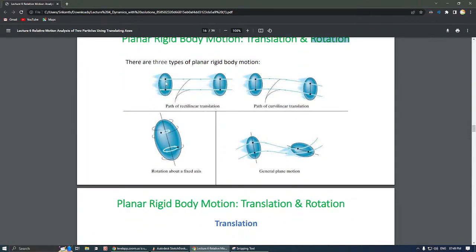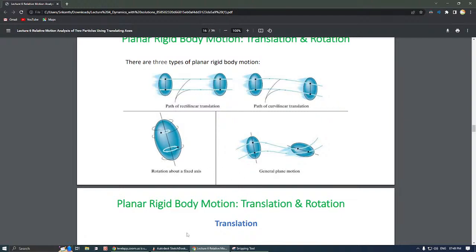So if a body is moving in a straight line without undergoing any rotation, then it is called translation. Here you can see the path is curved. But the object remains in the same orientation. Because of this, we can say that it is still just pure translation, no rotation.